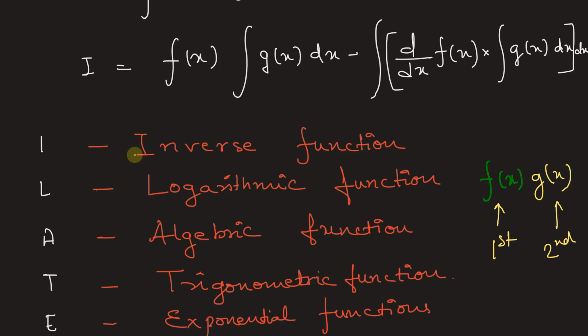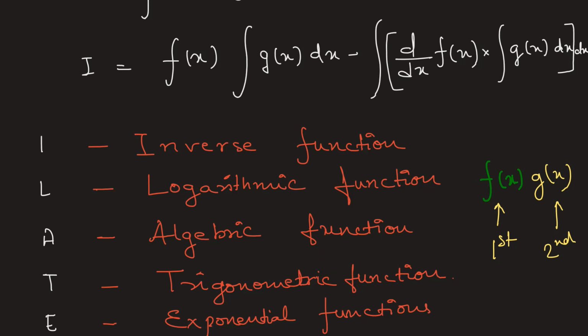Suppose you have one inverse function and one algebraic function, always consider the inverse function as the first function and the algebraic function as the second function. If you have an algebraic function and a trigonometric function, we consider the algebraic function as the first function and the trigonometric function as the second.